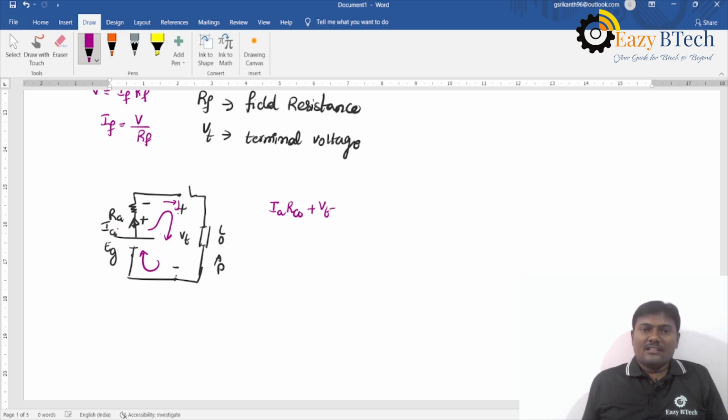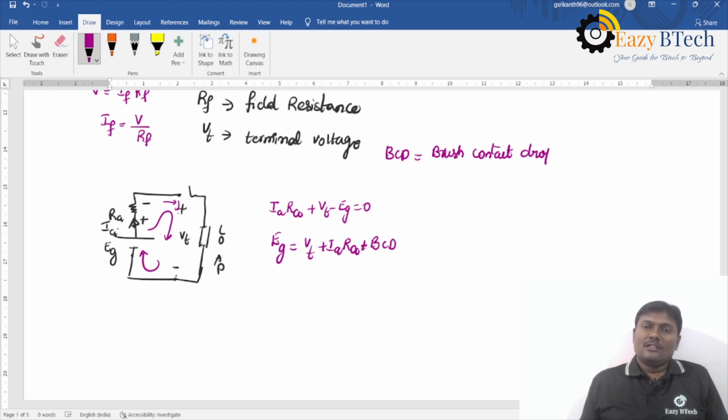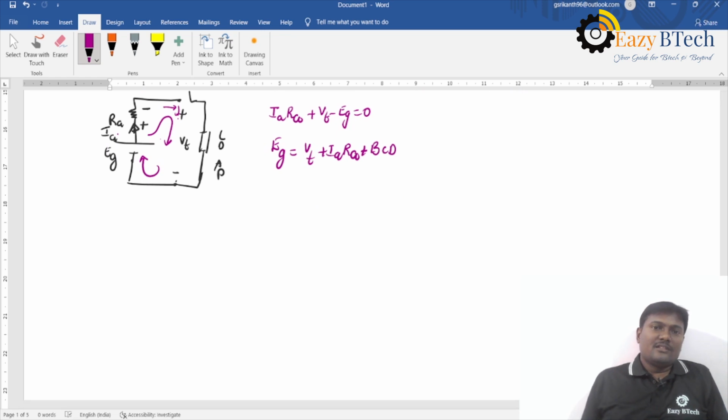So minus EG is equal to 0, where EG is equal to VT plus IA into RA, plus a small brush contact drop, where BCD is called the brush contact drop. So our generated EMF should meet the terminal voltage plus some drop IA RA and the brush contact drop.